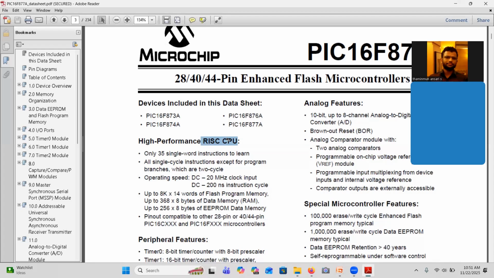I think it is 14 bits, if I'm not wrong, so 35 into 14-bit sets. Those are binary combinations, and they are unique. Those are used as instructions.